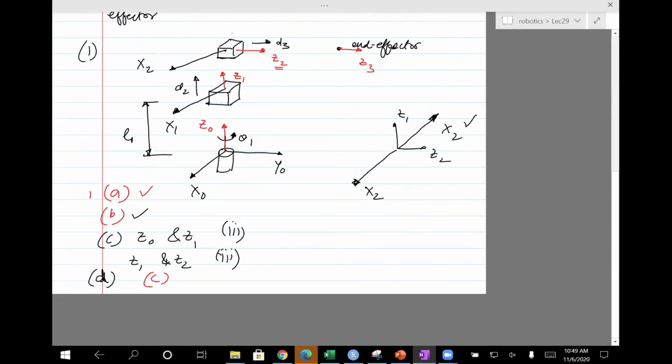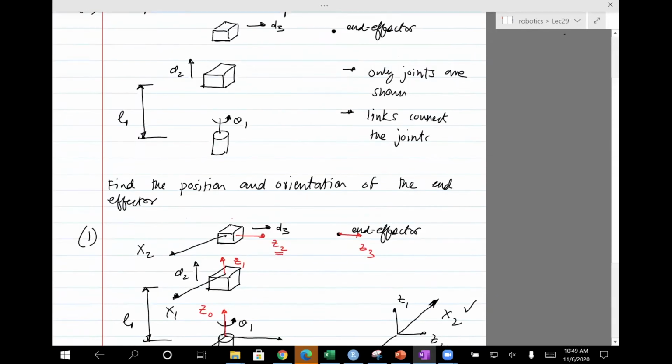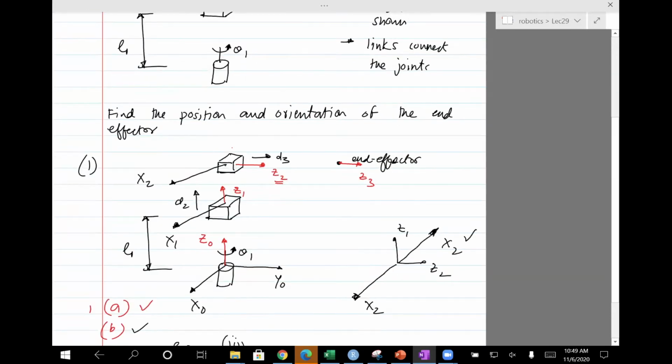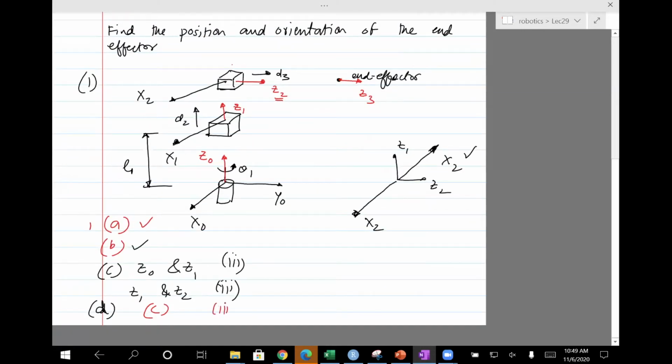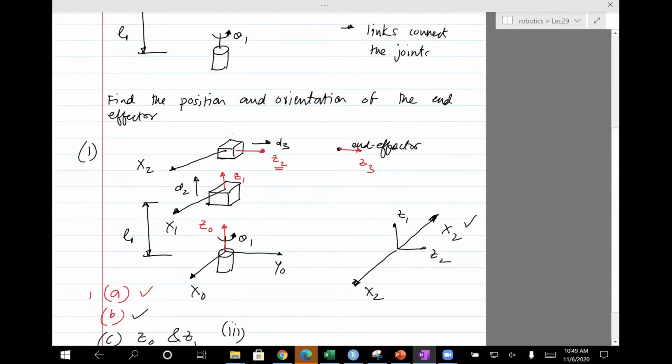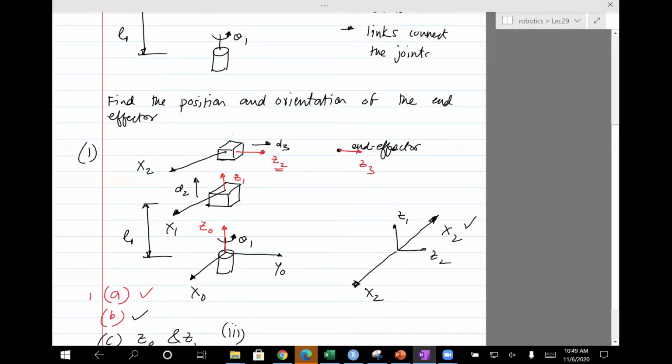So we can see here that Z2 and Z3 intersect each other. So the option which is valid here is number 3. And so we need to draw x3 at right angles to the plane formed by Z2 and Z3. So again, any of these options which are in this plane are valid.